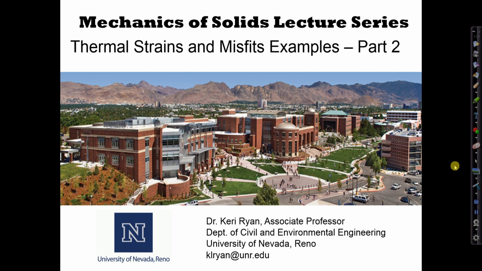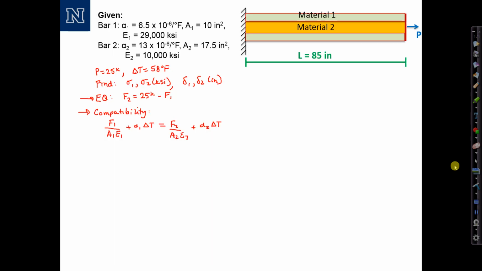In this video we're continuing with the example we started in the last video, which was an example of parallel bars bonded together subjected to an axial force P of 25 kips and a temperature change delta T of 58 degrees Fahrenheit. We're finding the stresses and the deflection at the end of each bar.